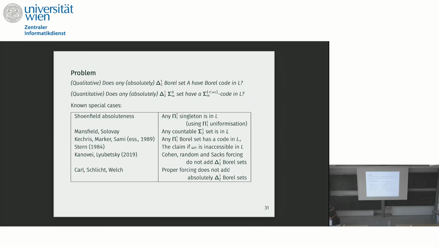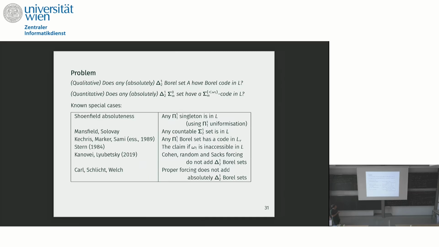For example, I can think of Shoenfield absoluteness as saying that any Pi^1_1 singleton is in L, because, assuming we know about Pi^1_1 uniformization, it's equivalent to saying all Pi^1_1 singletons are in L. So these are particular simple Pi^1_1 sets. The Mansfield-Solovay theorem says that countable Sigma^1_2 sets are in L. Again, very simple sets, and we're asking about Borel sets. Our question can be understood as a version of the Mansfield-Solovay theorem for Borel sets instead of countable sets.